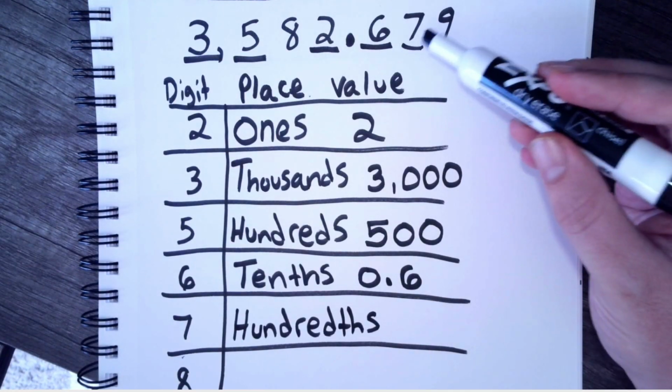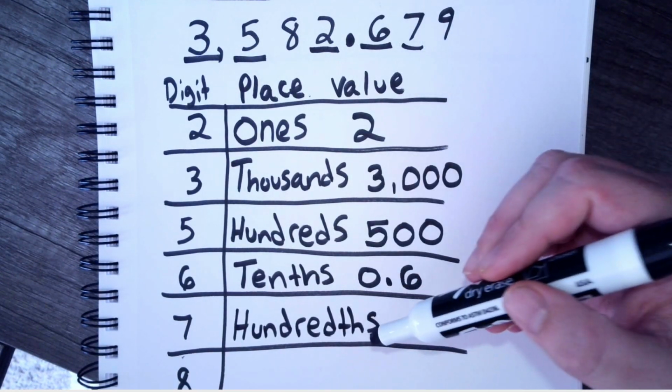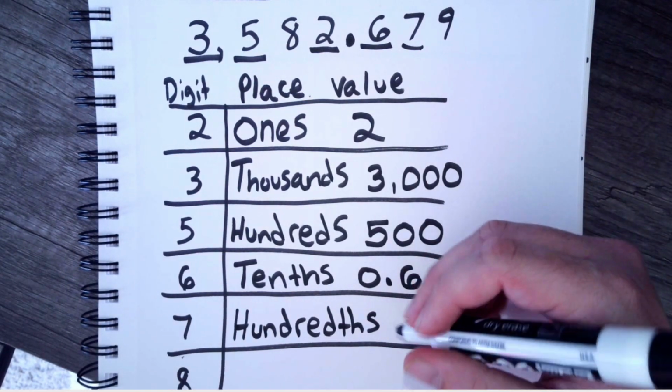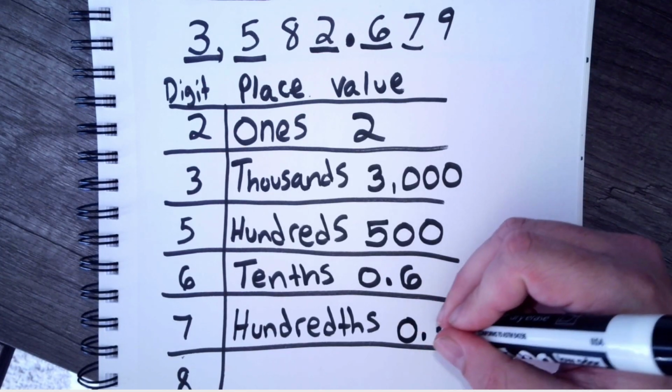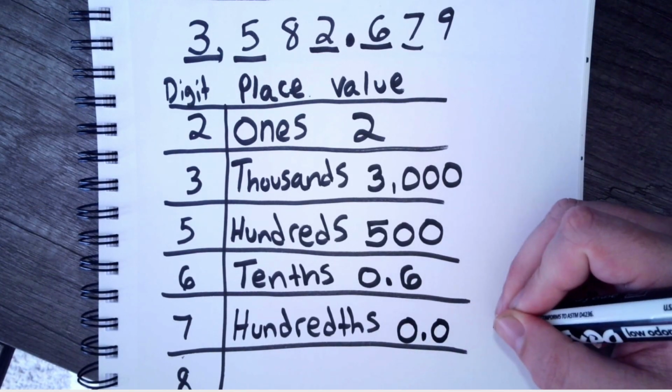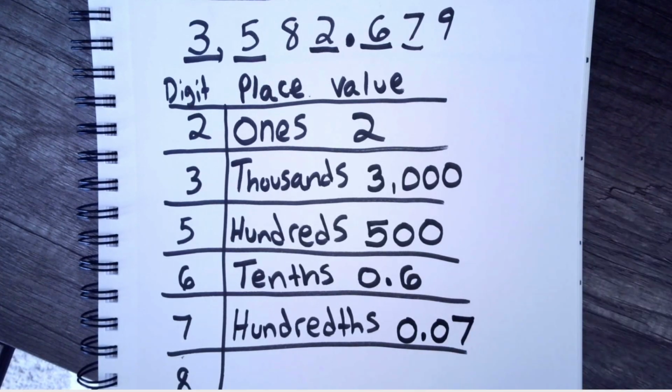And if that 7 is in the hundredths place, its value would be 7 hundredths. We would show that by writing 0 decimal 0 in the tenths place, and then make sure that 7 is in the hundredths place.